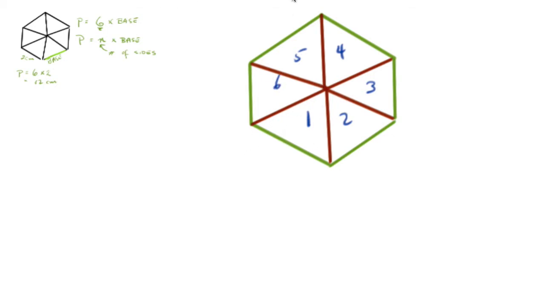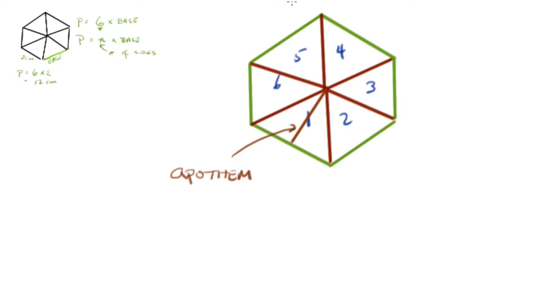And it turns out that we know the formula for calculating the area of a triangle. All we need for this is the height of a triangle. So if this here is the height of this triangle, we've got this new name for this height now. This thing here is called the apothem, which means the height of a triangle inside of a regular polygon.